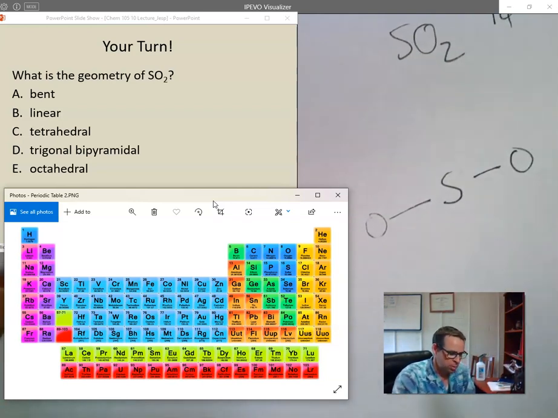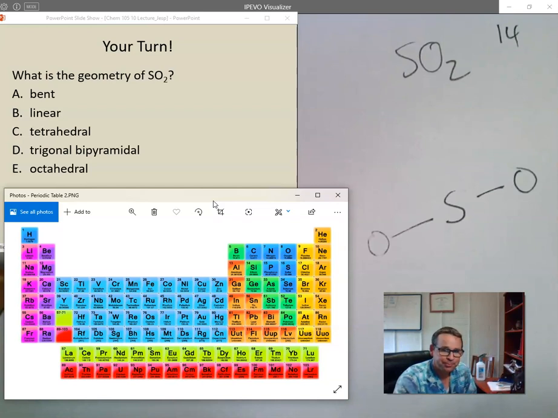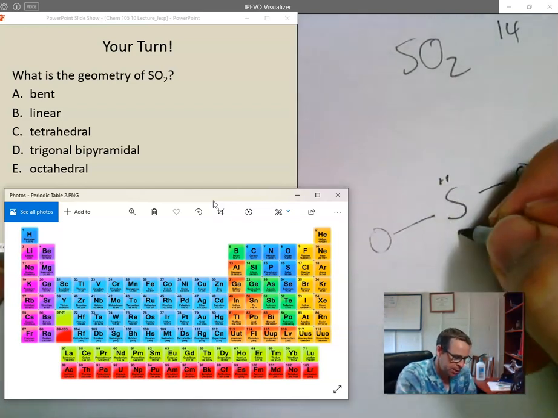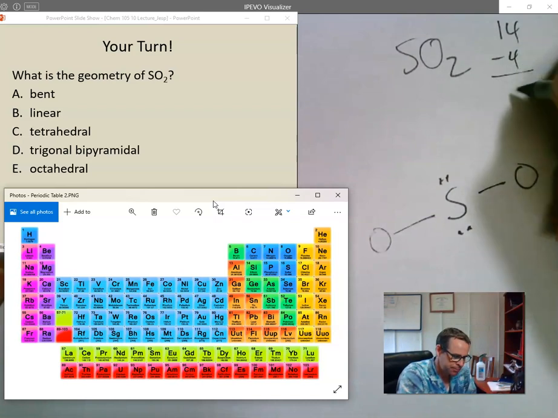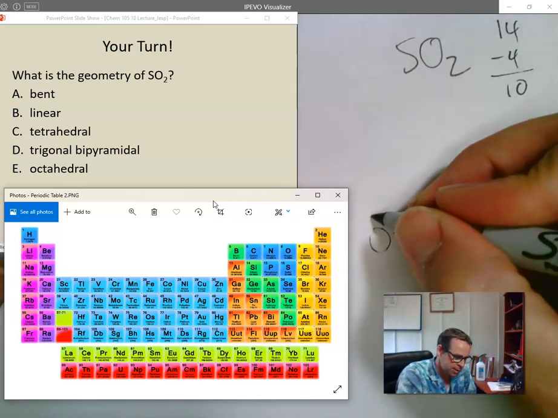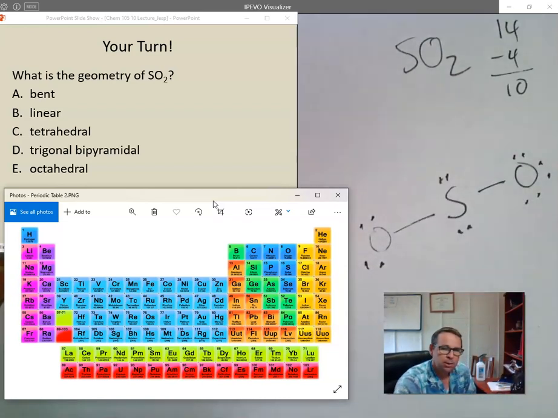14 electrons. Where am I going to put them first? Put the remaining ones on the S. Okay. So it looks like it needs 4 more. Is that okay? Now I need 10 more. 1, 2, 3, 4, 5, 6, 7, 8, 9, 10. What can I do to fix my structure now, Chance? Create a bond.